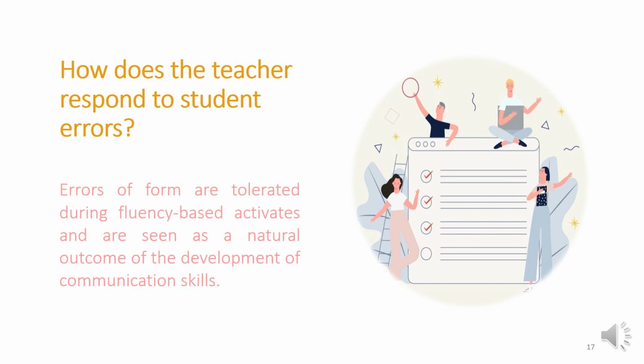Okay, if your level is, let us say, A1 or beginner or whatever, you can also communicate, which is the goal of most of the methods in English language teaching. Okay, so the teacher may note the errors during fluency activities and return to them later with an accuracy-based activity.